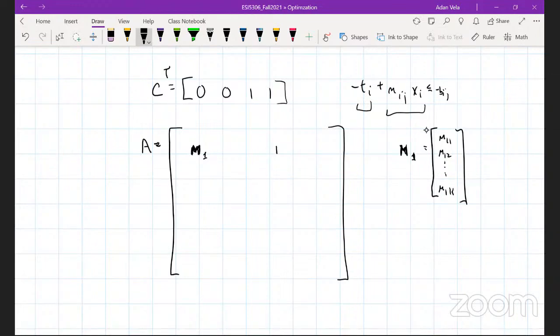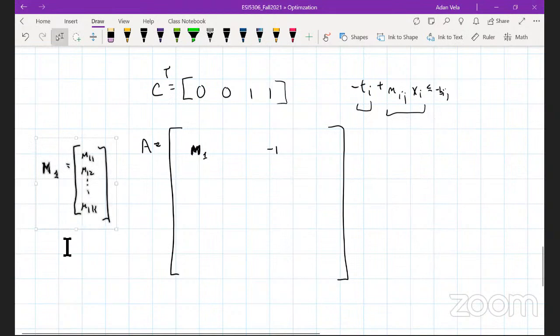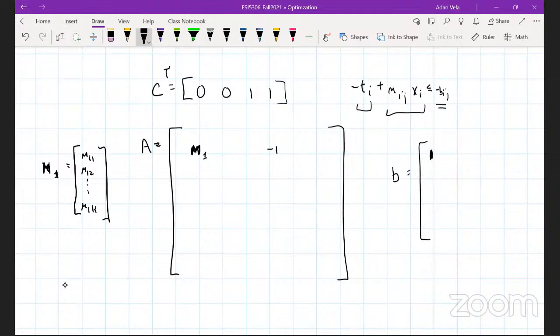So we'll have the value -1 for that specific ti. I'm going to move this over. And for the b, we see that we have bij there. So again, I'm going to write this as vector b1. And b1 is going to follow a similar pattern.